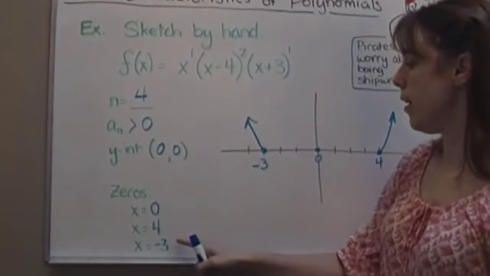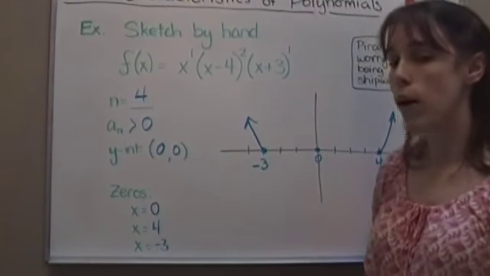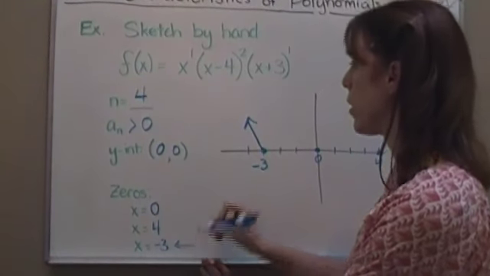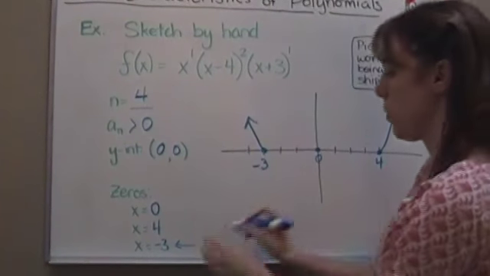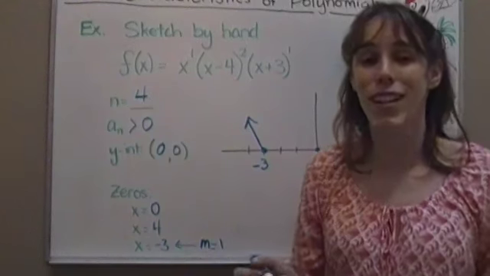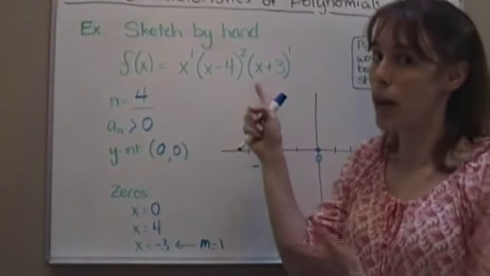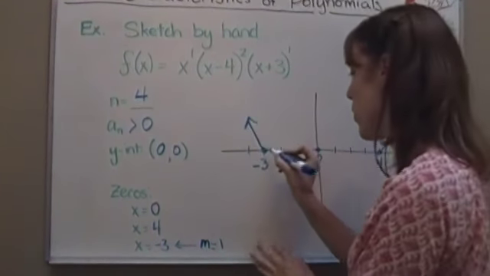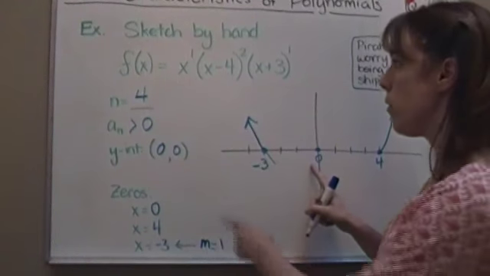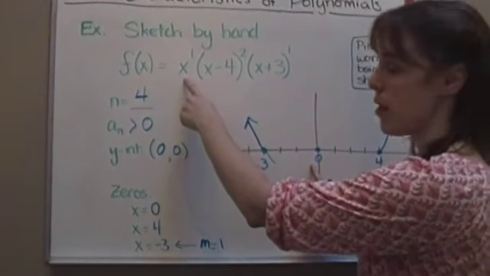So at negative 3, what is the multiplicity? What's the multiplicity at x equals negative 3? Multiplicity 1. That means it behaves just like any linear function, it just goes straight through. Okay, now when I get to 0, oh, still multiplicity 1.